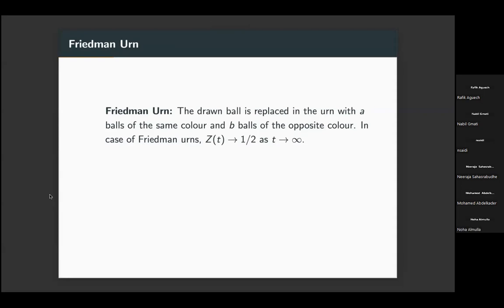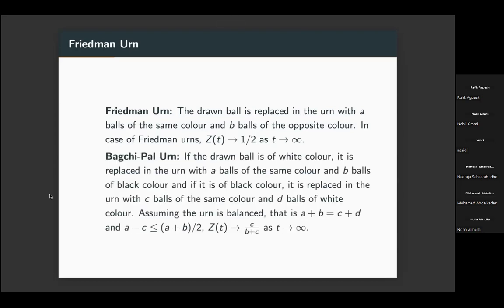But even if you start with a very large number of white balls and very small number of black balls, eventually things will even out, which is a very interesting phenomenon. And then, of course, one can generalize this. Whatever the value of A and B, the limit is constant. Yeah, constant and positive.